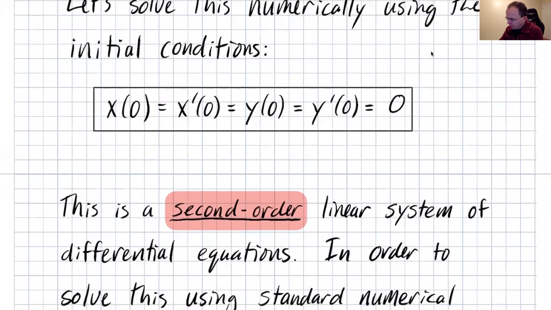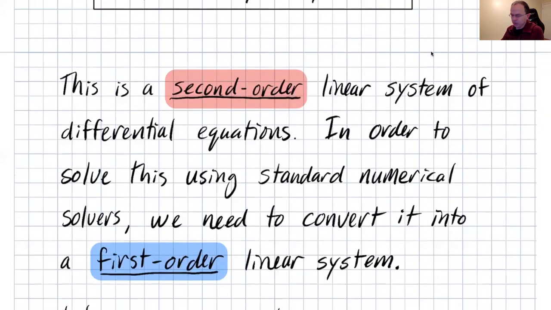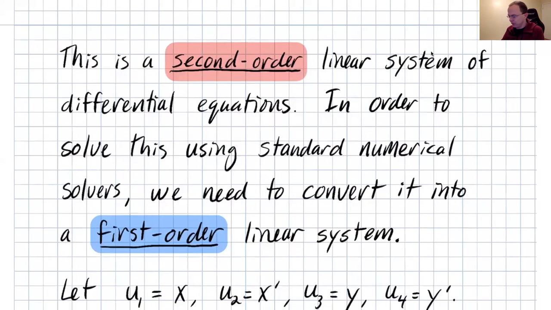Okay, so the problem we have, however, is that this is a second order linear system of differential equations. And that's because it involves the second derivative of x and y.